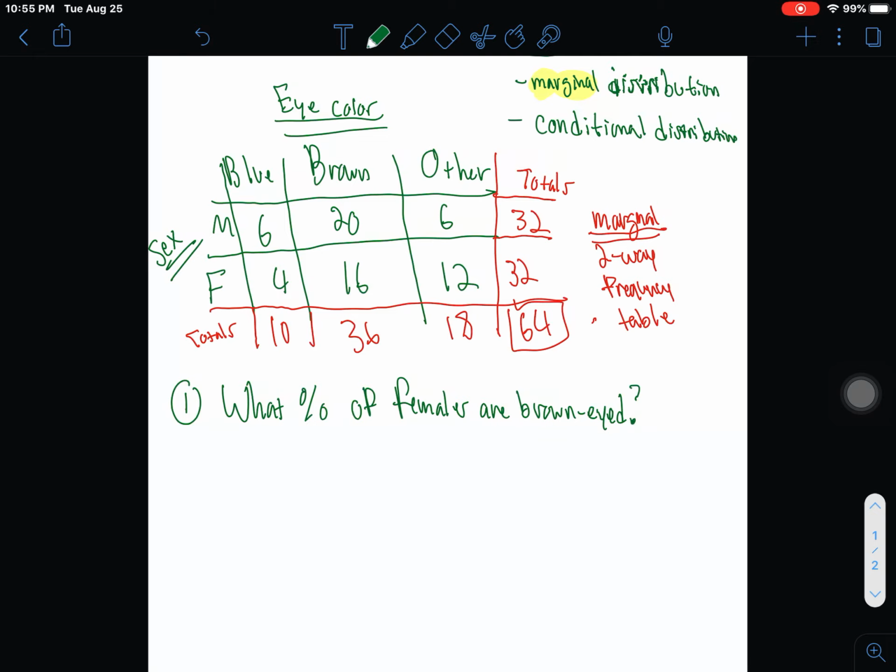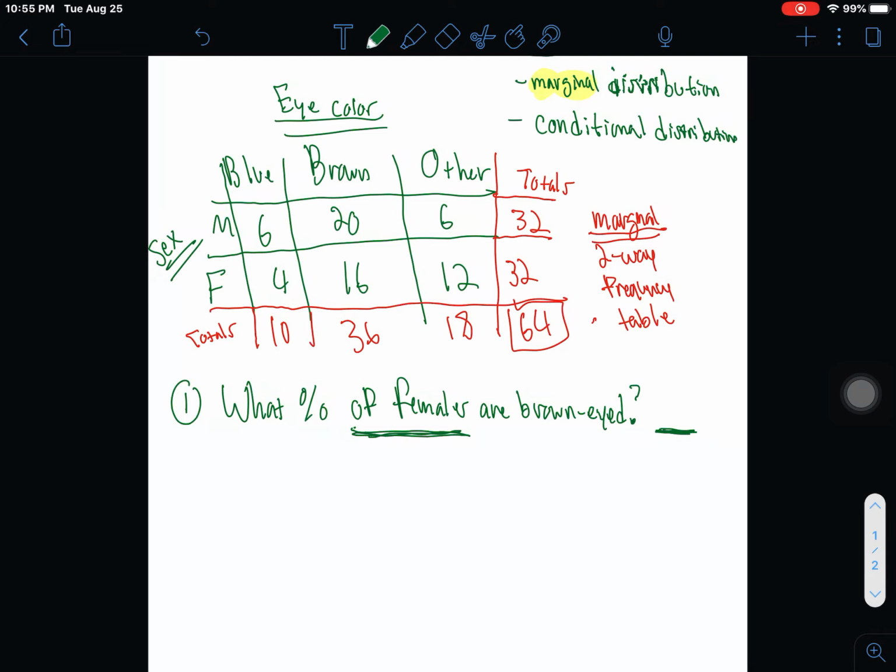With stats, guys, a little hint for you is whenever you see the word of, whatever that's followed by, so like in this case of females, that's going to be the bottom of your denominator. So for example, this is going to be a fraction. Females, how many total females do we have in this sample?